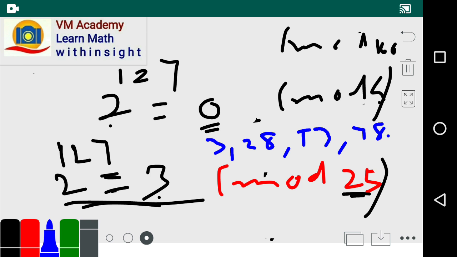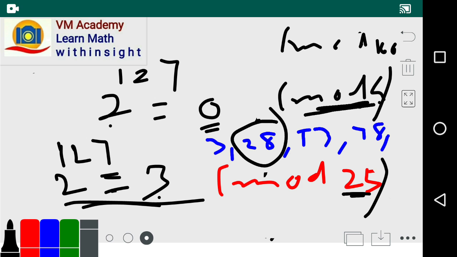Out of these, which is congruent to 0 modulo 4, that is, perfectly divisible by 4? 28. So 28 is our desired remainder.